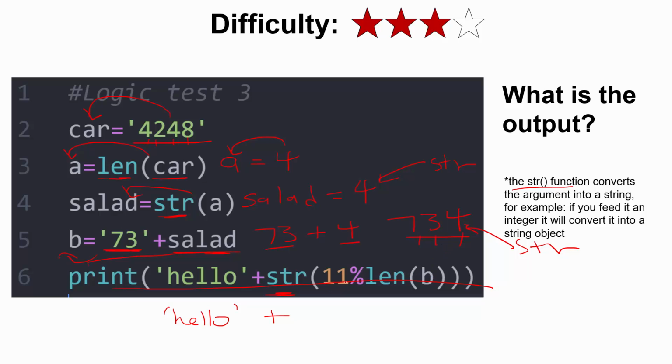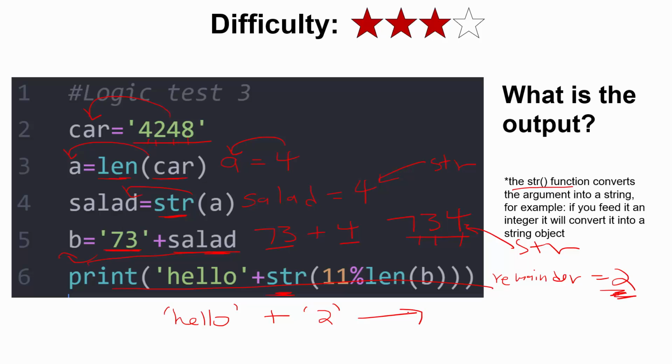And then 11 modulo 3. Remember, 3 is an integer. Let's see, 11 divided by 3, 9. So the remainder will be 2. And so 11 modulo 3 will be 2, and we're converting this integer into a string, so this will be a string.